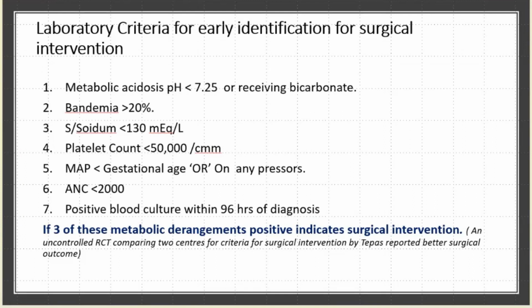The criteria were metabolic acidosis, bandemia, hyponatremia, platelet count less than 50,000, mean arterial pressure less than gestational age or the patient being on pressors, absolute neutrophil count less than 2,000, and positive blood culture within 96 hours of diagnosis.